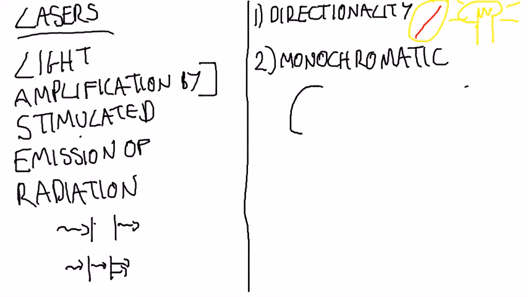So all DVD players have a red laser in them, and a red laser with a very specific wavelength. And this actually means that you can play any DVD on any DVD player, because the laser is attuned to the spacing of the grooves that have been cut into a DVD.